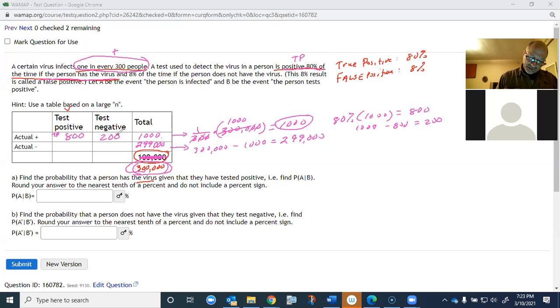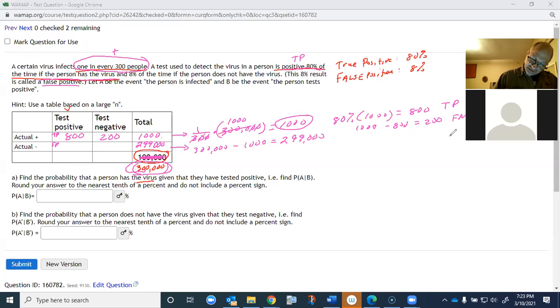So we could have multiplied 20% times 1,000 and gotten 200 also. But it's easier just to subtract, I think. Now we have the 8%, if you remember, the 8% is the false positives. That means you test positive, but you're negative. So that's the false positive, and that's 8%. So this row, by the way, I should write true positive there. And this would be the false negatives.